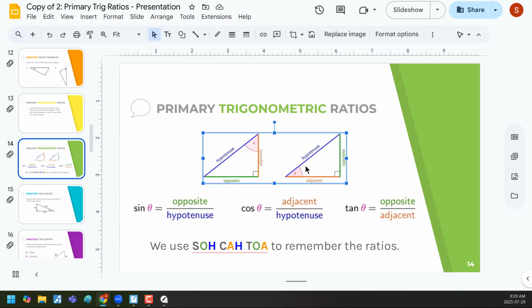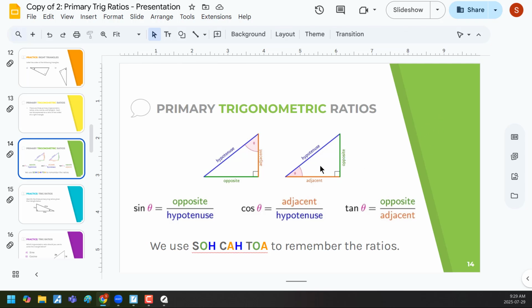The difference, if you can see, it's a bit hard to see, is the reference angle, which corner the reference angle is in. So this is where students make a lot of mistakes. They look at this triangle and they're like, oh, the bottom side is opposite. And then they forever always say the bottom side is opposite. That's wrong. It depends on the triangle.